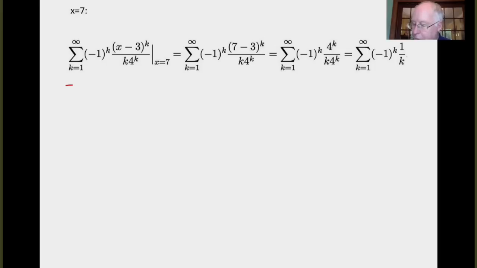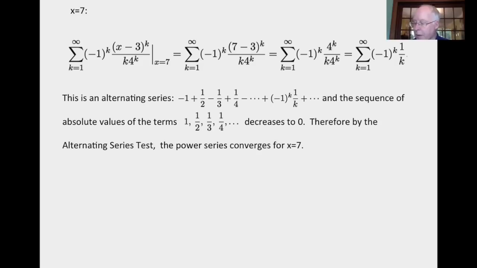So we take the original power series, the absolute value signs are once again gone, and we plug in x equals 7, which leads us to this form, and 7 minus 3 to the k is 4 to the k, which leads us here, and once the 4 to the k is canceled, we're left with this result. And if we write out a few terms of this series, we see it's an alternating series.